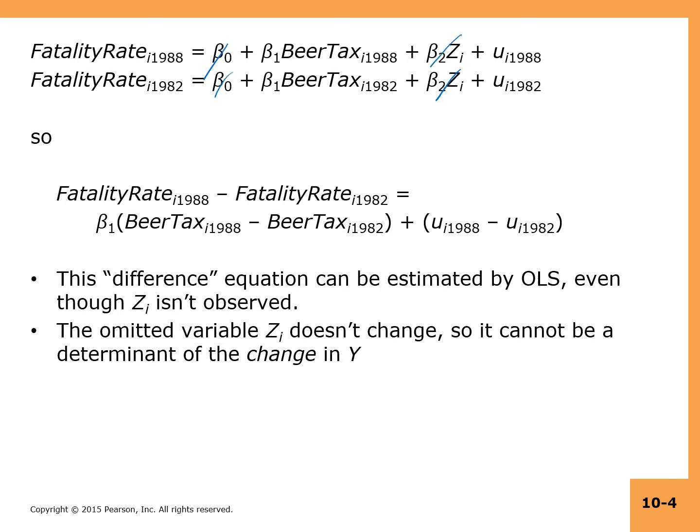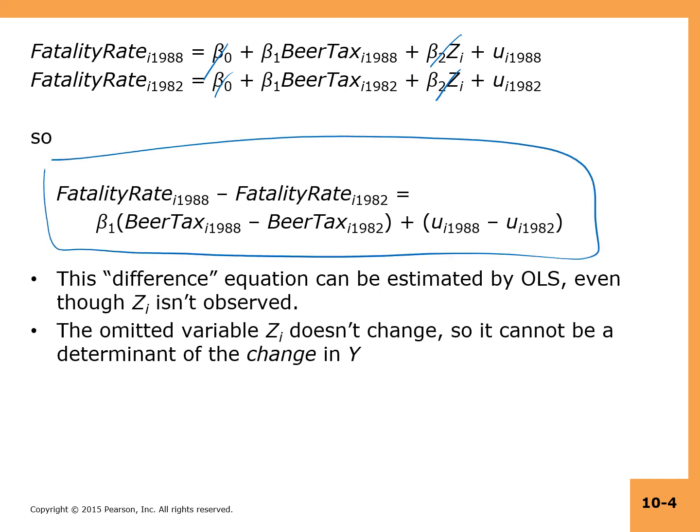And what you have left is the differences in the dependent variable and the differences in the independent variables. This regression line can be estimated using OLS. The biggest problem with this method is that it only works when the time period is equal to 2. And it wouldn't work if there are more than 2 time periods.